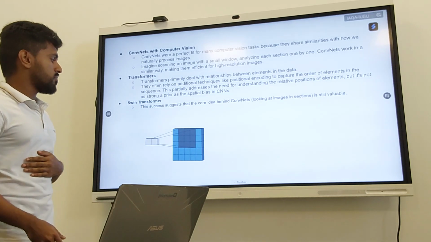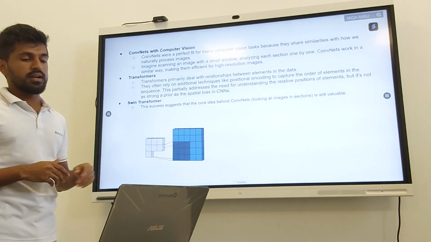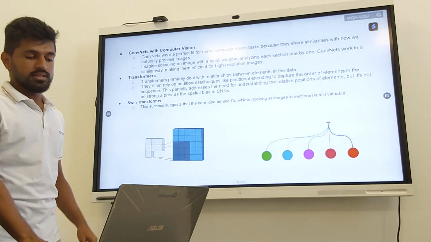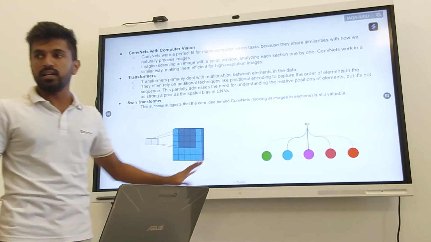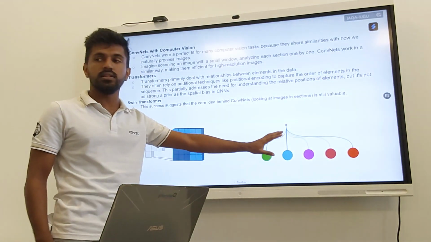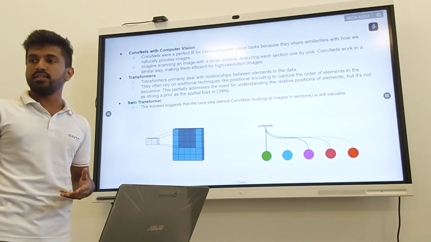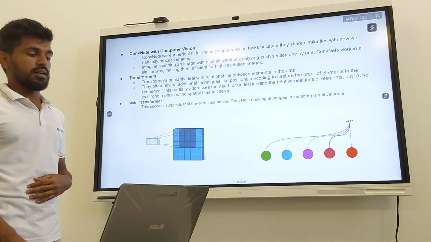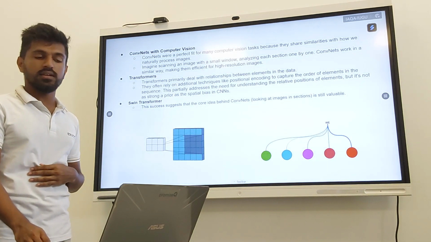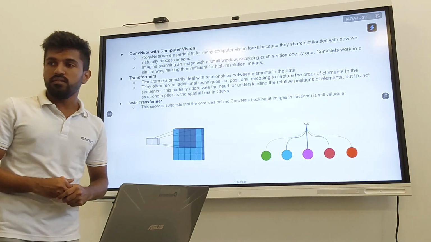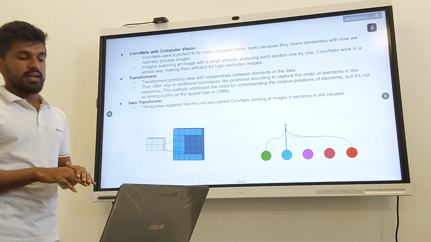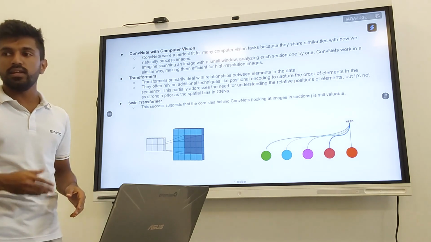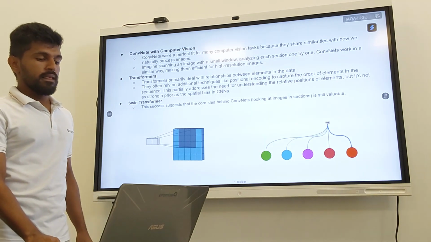When we talk about transformers, they don't have that kind of inductive bias. They look at all the nodes at once, in a single time, and make attention to all the other nodes. We can call it global attention. It is mentioned here that transformers primarily deal with relationships between the data, looking at all the patches at once to find the relationships.